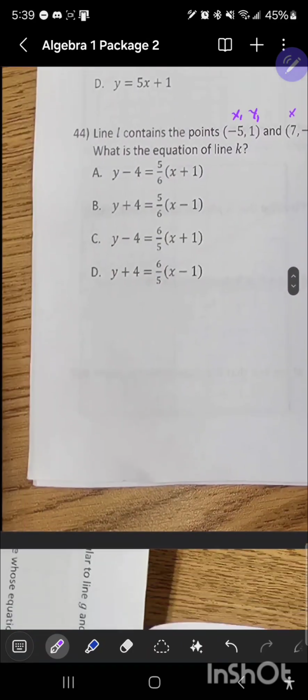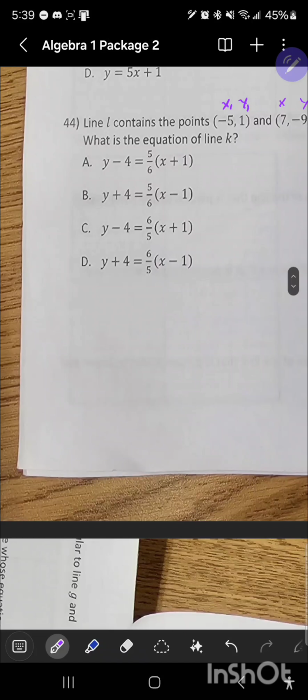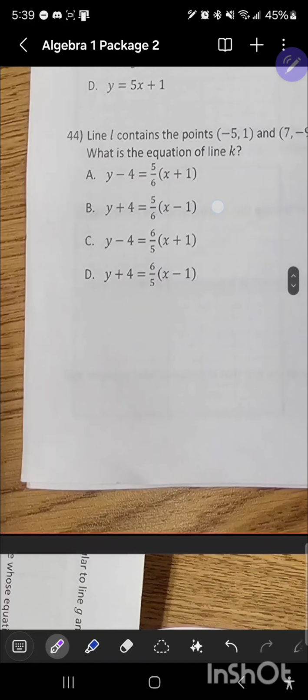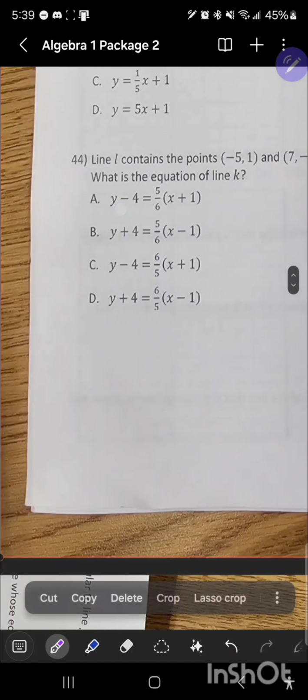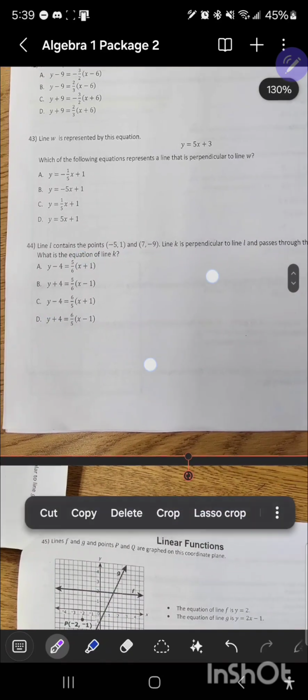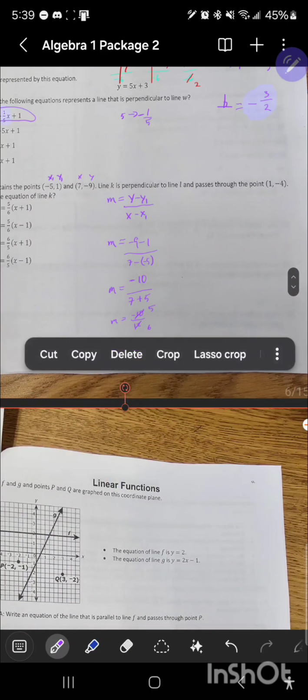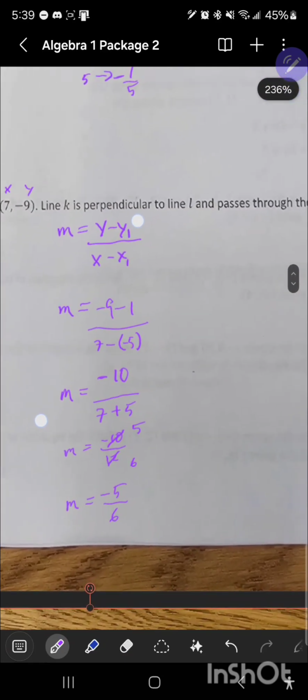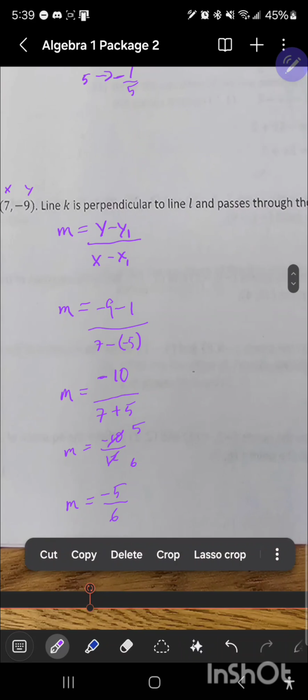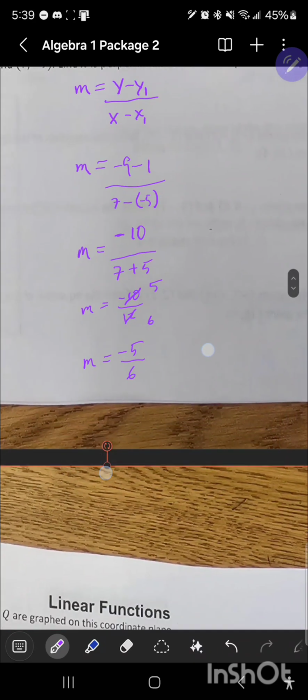But okay, this is the slope of line L. The question asks what is the equation of line K, which is perpendicular? So if we have this, we need to get the perpendicular slope.